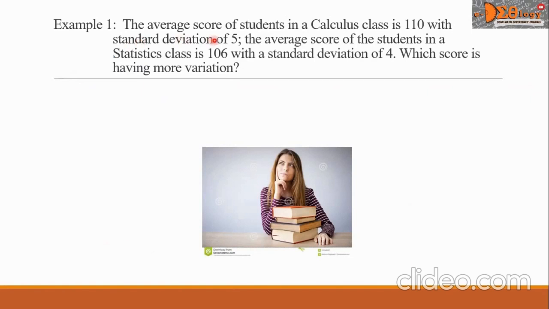The average score of students in a calculus class is 110 with standard deviation of 5. The average score of the students in a statistics class is 106 with a standard deviation of 4. Which score is having more variation?